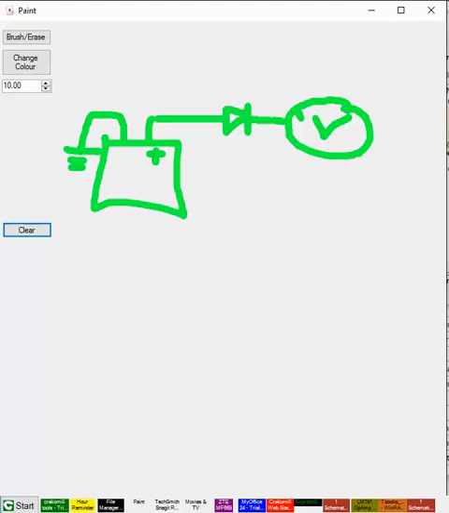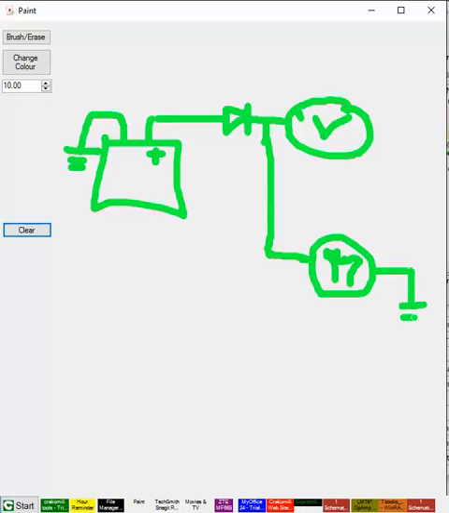And for this clock, there are other appliances that are connected. For example, some light, and this has ground also.